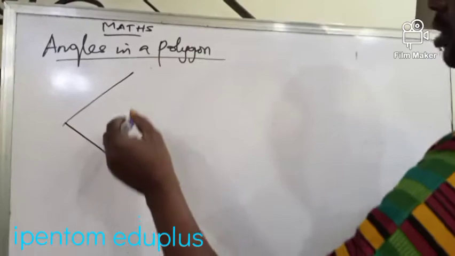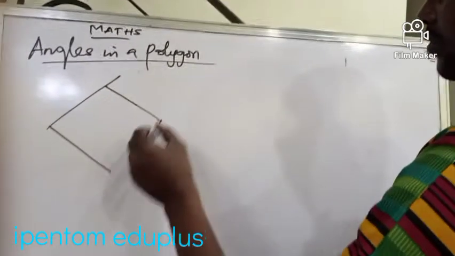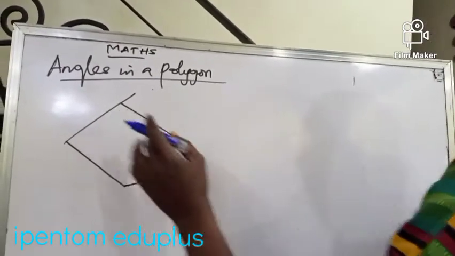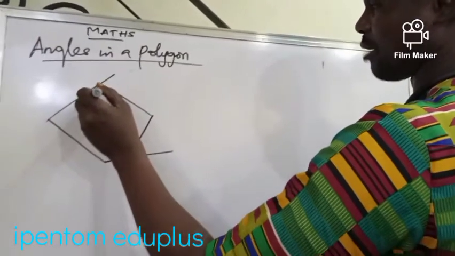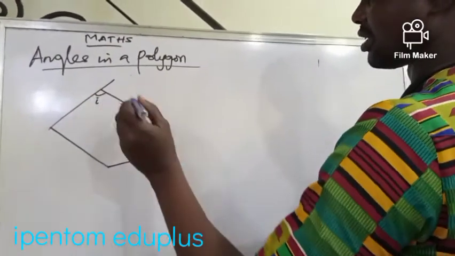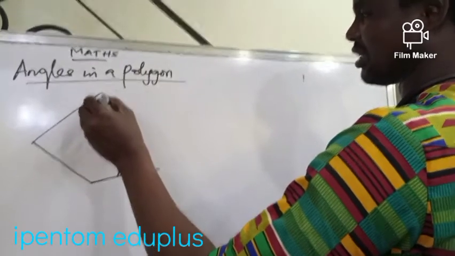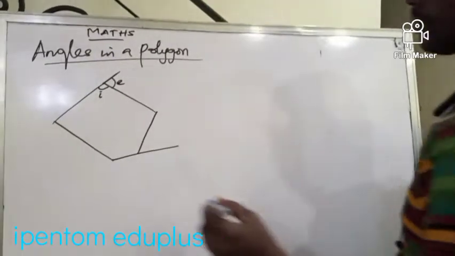If you are given a polygon of any side, the angle inside is called the interior angle. Let me use I to represent it. The one outside the polygon is the exterior angle. Let me use E to represent it.